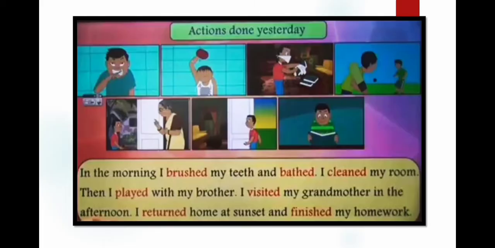Now, actions done yesterday. In the morning, I brushed my teeth and bathed. I cleaned my room. Then I played with my brother. I visited my grandmother in the afternoon. I returned home at sunset and finished my homework. So which words tell us about the actions done yesterday?